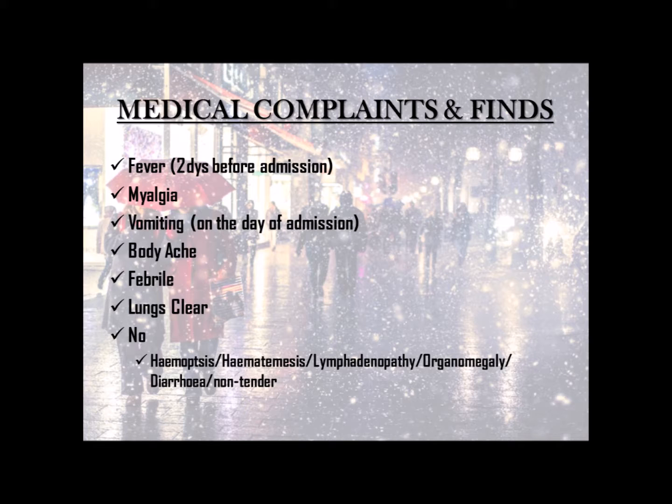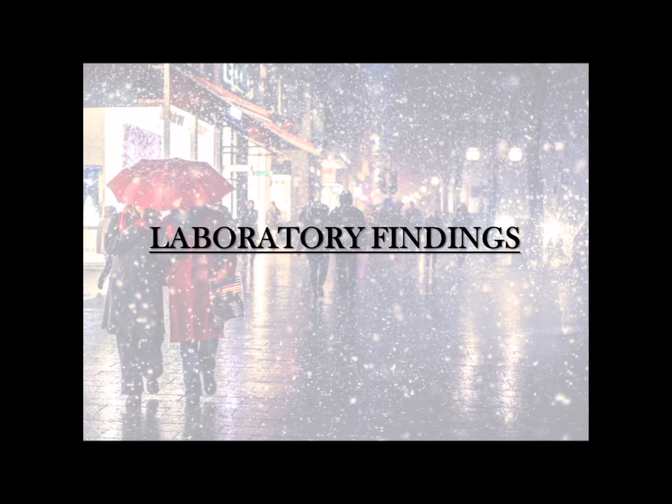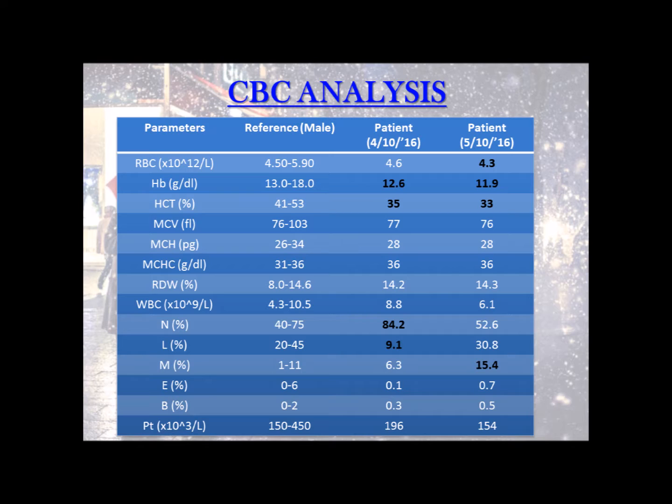So further clinical tests were done on the patient. First of all, on the laboratory findings, the complete blood count was assessed day by day from the first day of admission to aid the diagnosis. Most of the hematological parameters favored the lower boundary of the normal range.